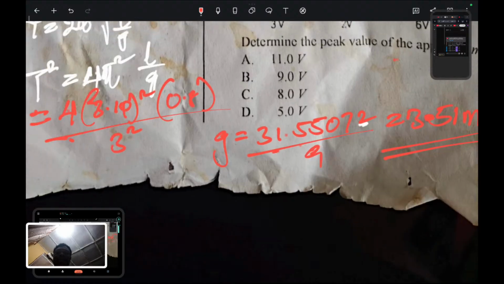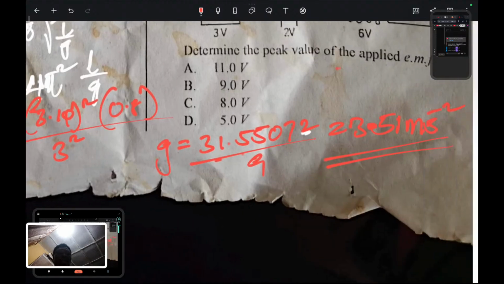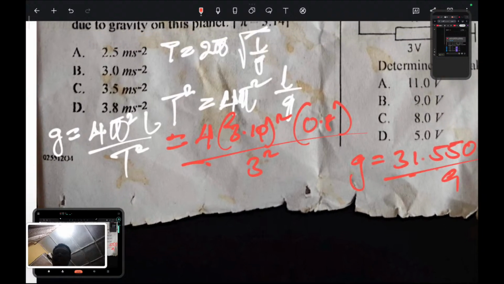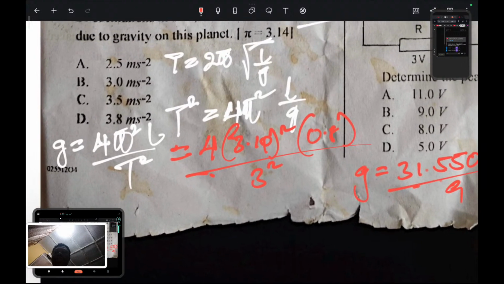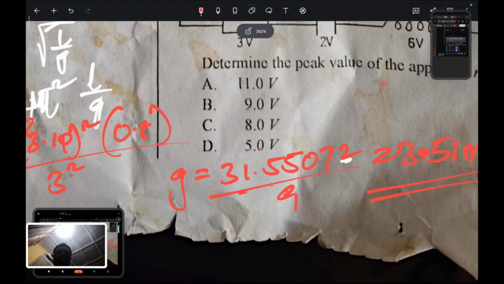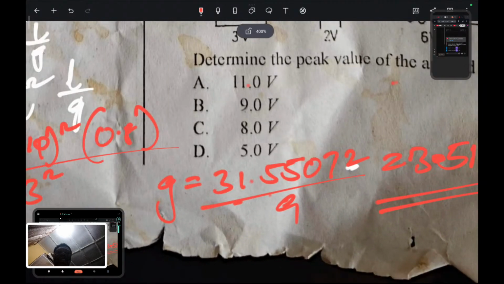So observe, we have 3.51, we have 3.5, which is C. Take note of this. WAEC loves decimal points. They love leaving their answers in decimal points. Let me even show you quickly. Look at this question. See that this is 11. Instead of writing 11, they wrote 11.0, 9.0.